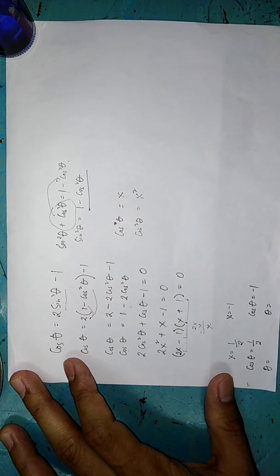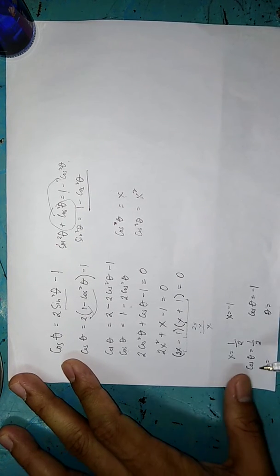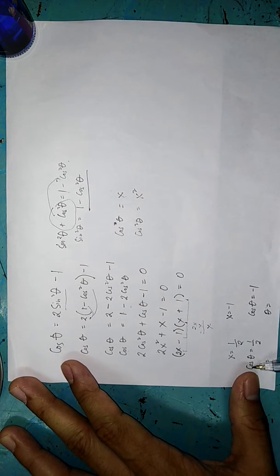Yung may sine, cosine, tangent, cotangent. Tapos tatapit lang natin. So, ano yung value ng angle? Alright? Na cosine, doon sa page 311, na 1/2 ang sagot.